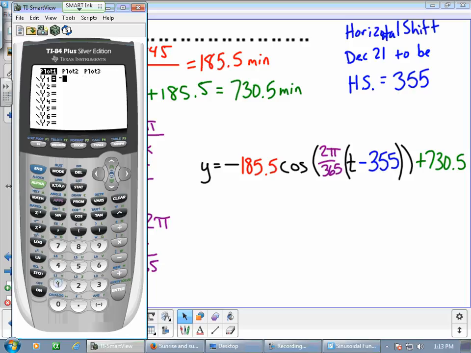Y equals negative 185.5 cosine of 2 pi divided by 365 times the quantity x minus 355, close parenthesis, plus 730.5. Everything look in order there?